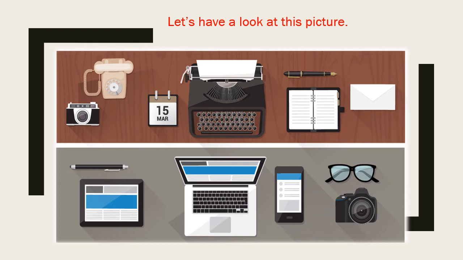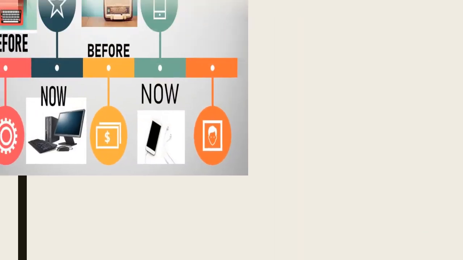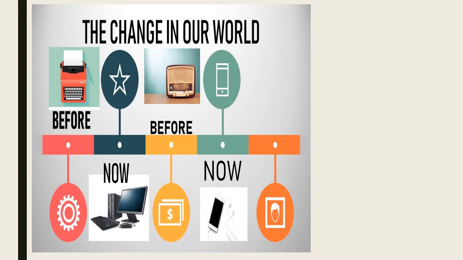So we are talking about the changes that are done between the past and the present. How are things changed and developed or evolved? As you see in the picture, in the previous times, we used to have a radio, a typewriting machine, and other devices.